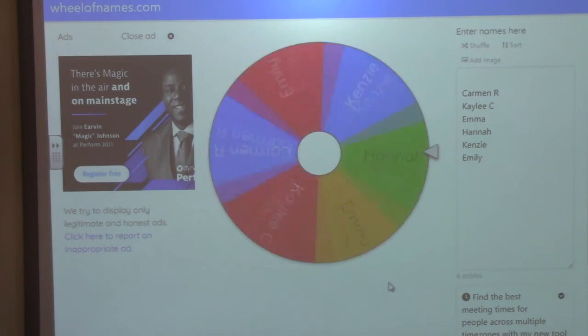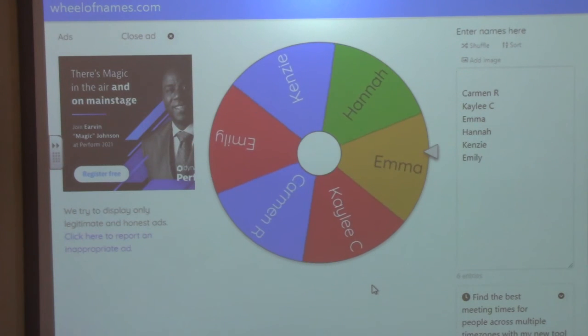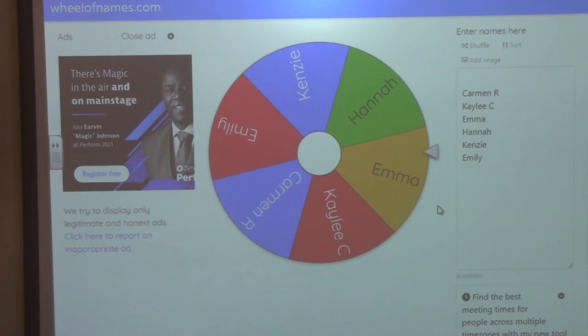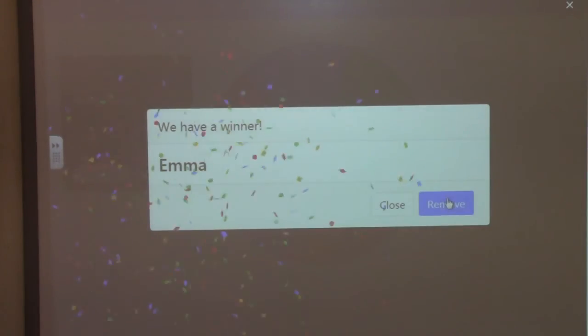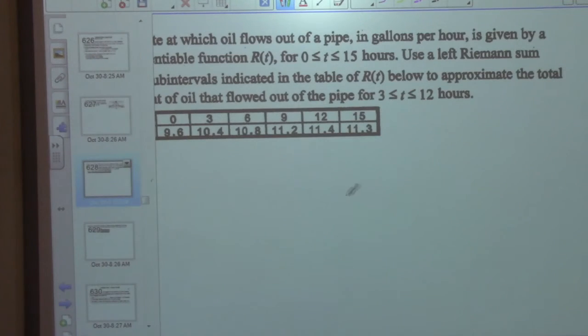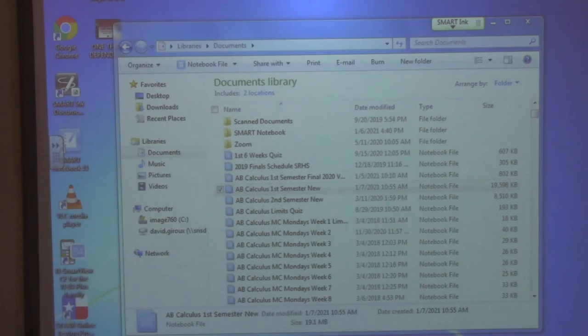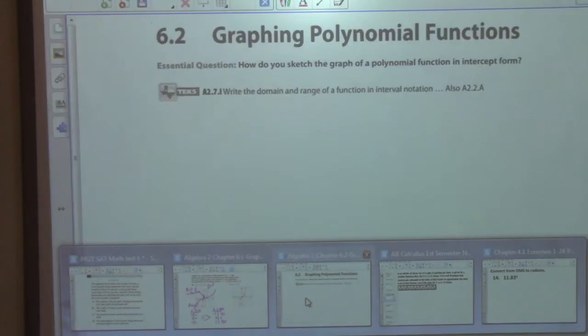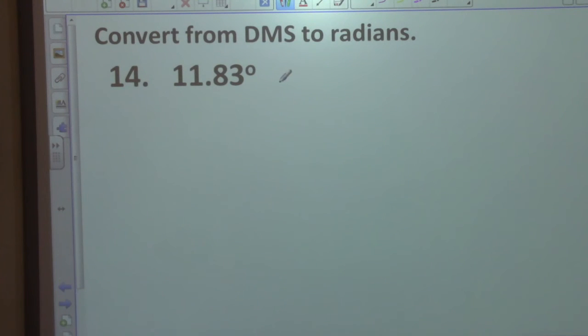14. Who's going to give me an answer for this one? It's going to be Emma. What'd you get for this one, Emma? 0.206. So Emma gets 0.206 radians. And did you put the RAD on that, Emma? Yes. Very good, good work.